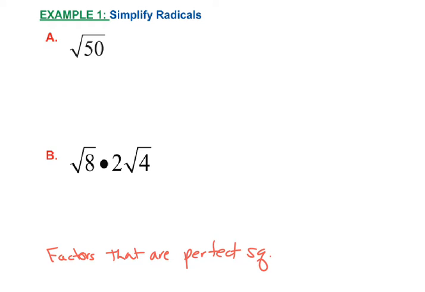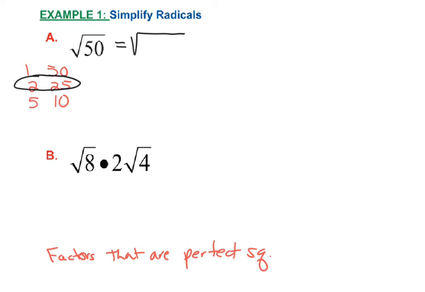So if we think about the factors of 50, we have 1 and 50, 2 and 25, 3 doesn't go into 50, 4 doesn't go into 50, 5 and 10, and then we come back around. So these are factor pairs. So we want to look at the factor pair where one of them is a perfect square. So 2 and 25 is a factor pair because 25 is a perfect square.